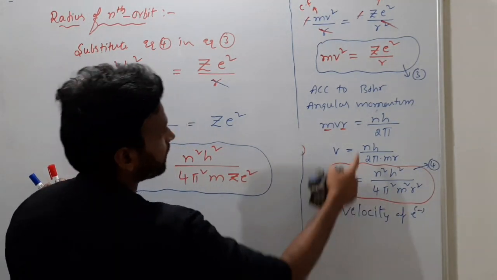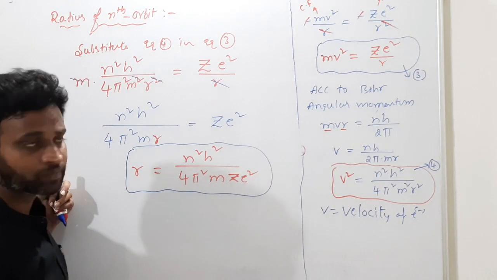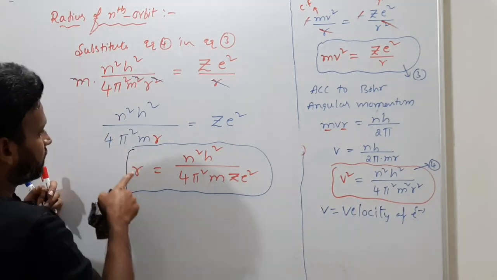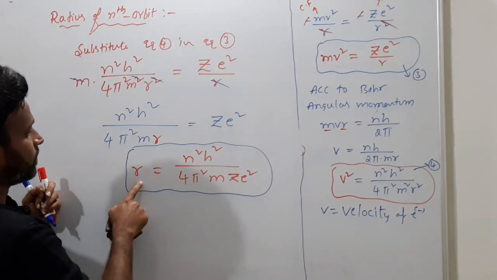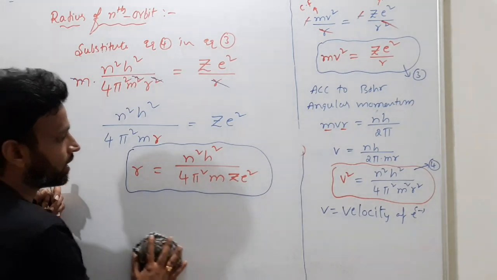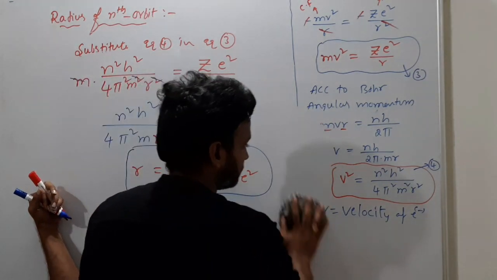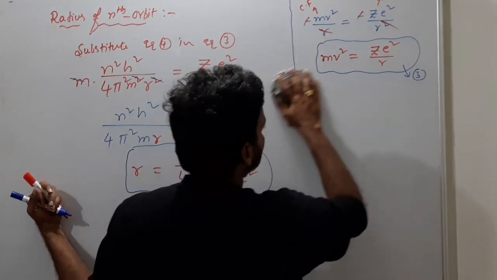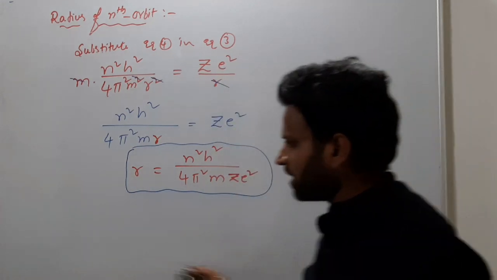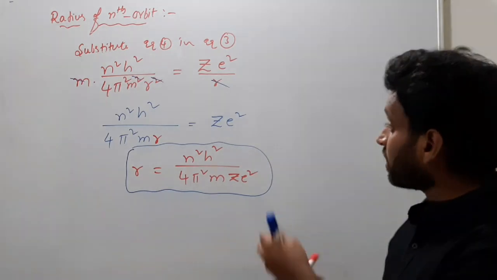This v square I substituted here and simplified the radius formula: n square h square by 4 pi square m ze square. You must write all these things, everyone. This is a very important radius formula.